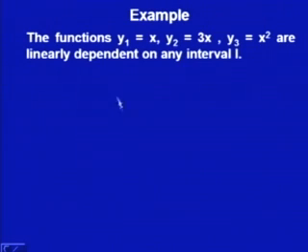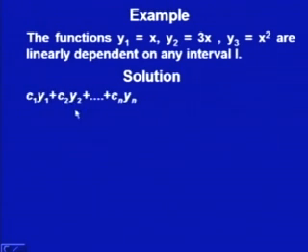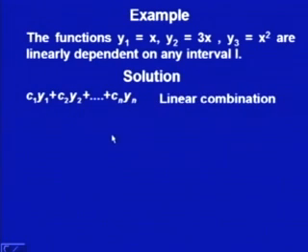So, first, what we would call linear dependence or independence. C1 y1 plus C2 y2 plus ... plus Cn yn is called a linear combination, where y1, y2, ..., yn are functions and C1, C2, ..., Cn are constants.